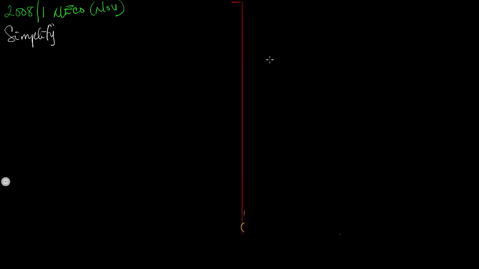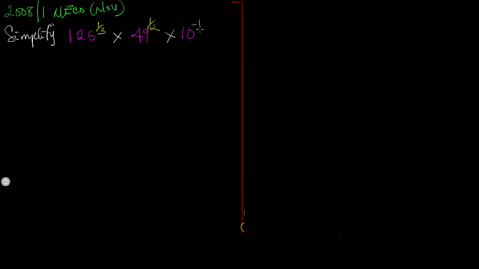Simplify. And what are we asked to simplify? We are asked to simplify 125 raised to the power of 1 over 3, times 49 raised to the power of 1 over 2, times 10 raised to the power of minus 1.